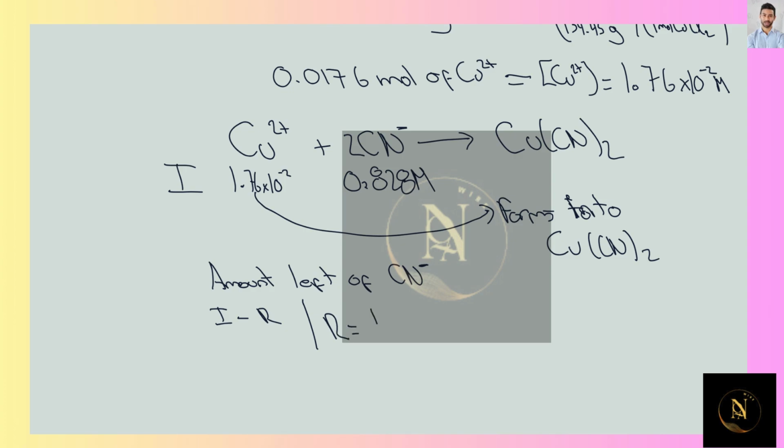The reacted amount is the concentration that we have of Cu2+ in our solution, and 1 mole of copper reacts with 2 moles of cyanide minus. So this becomes 3.52 times 10 to the minus 2 mole.